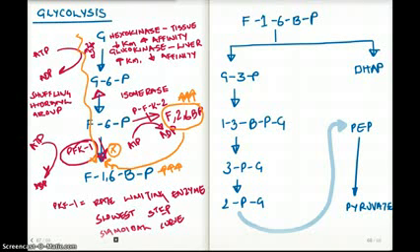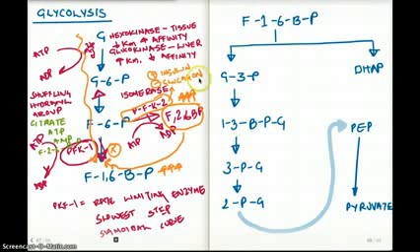The hormone that stimulates PFK2 is insulin, and the one that inhibits is glucagon. Don't get confused with the idea that PFK1 is stimulated by insulin or inhibited by glucagon. No, it's only PFK2 which is stimulated by insulin and inhibited by glucagon. So those were the regulators for PFK2.